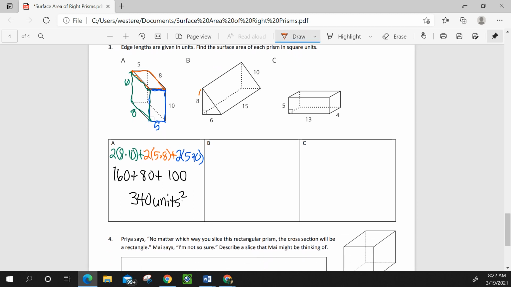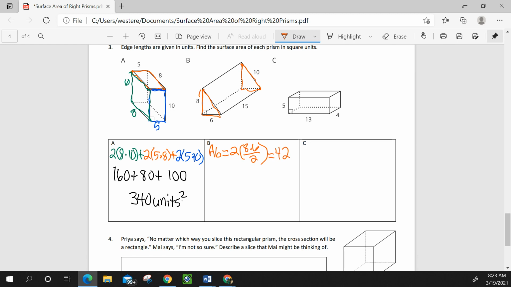Oops. And I have 2 triangles. So the area of the bases is 2 times the area of those triangles. So 8 times 6 divided by 2. So 8 times 6 is 48, divided by 2 is 24, times 2 is 48.